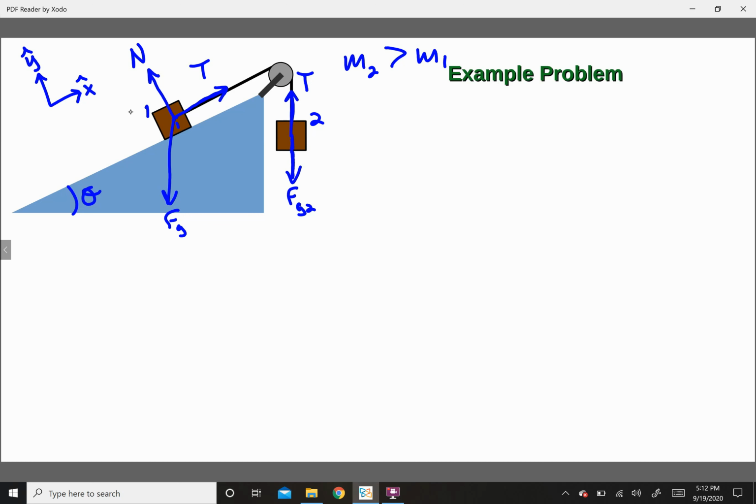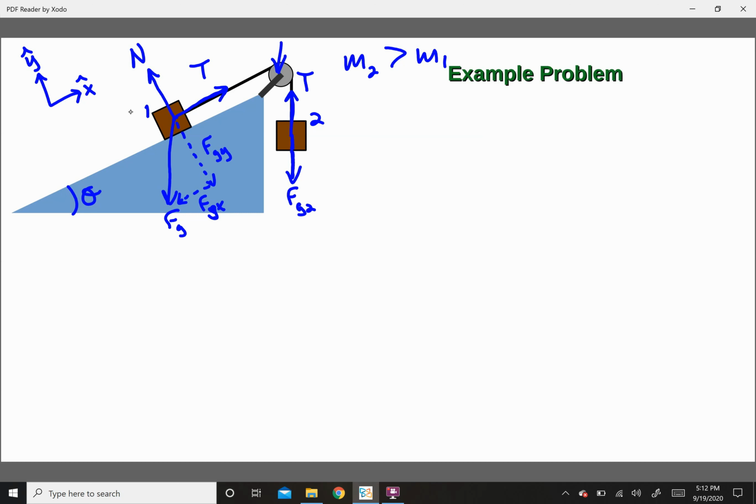In our clever coordinate system, we can break the components of gravity down like this. Fgx.